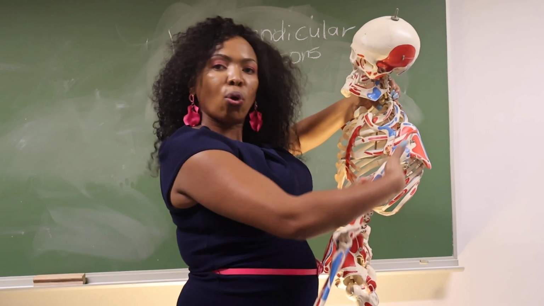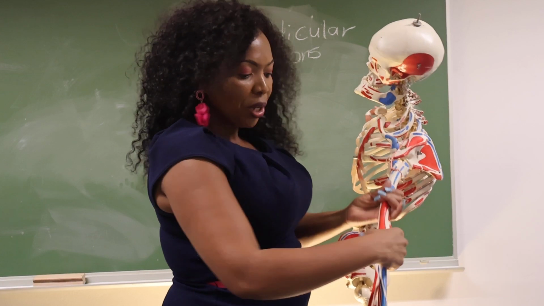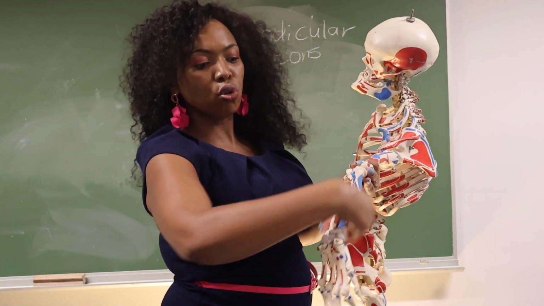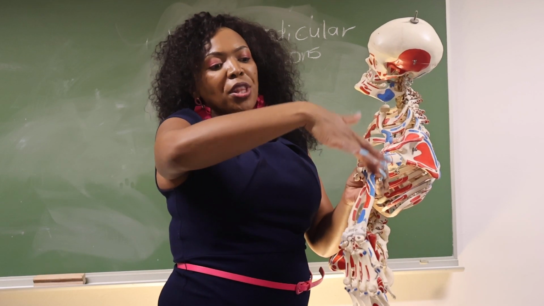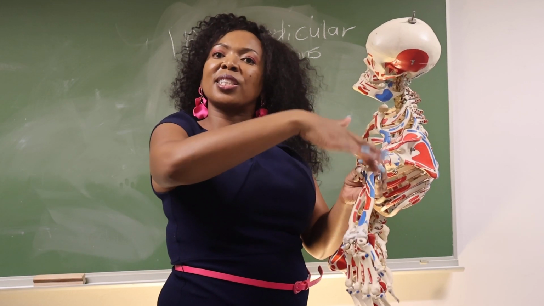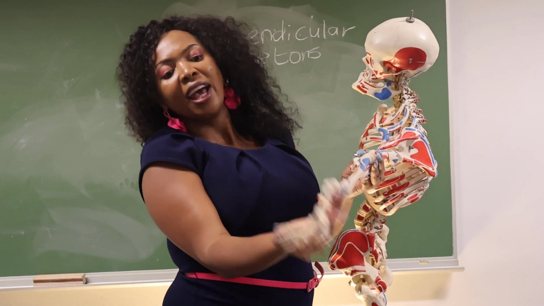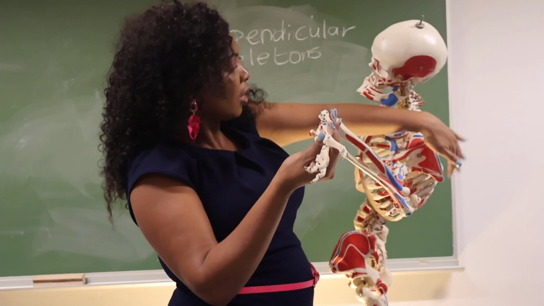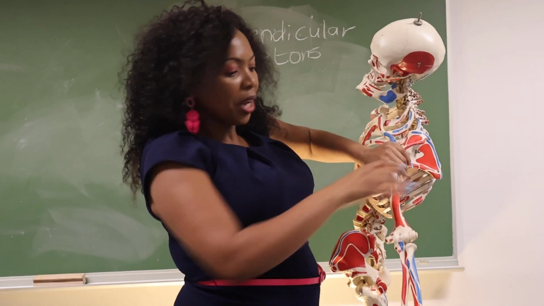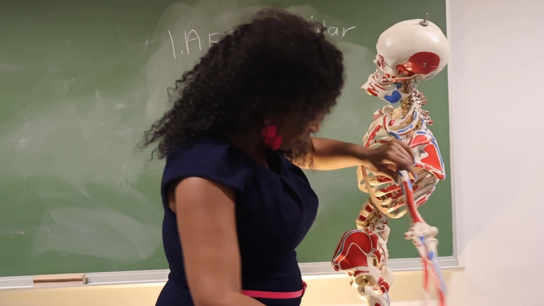This bone is called the humerus, and then going down, there are two bones in the forearm. The outer, on the lateral aspect, is the radius, on the inner aspect is the ulna, and you have your hands. So from the clavicle, the scapula, all the way down to the hand is the appendicular.